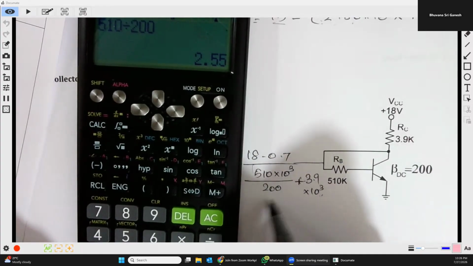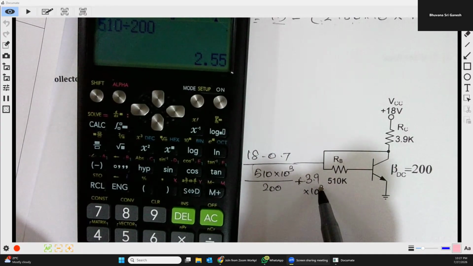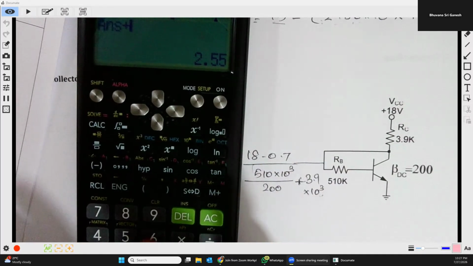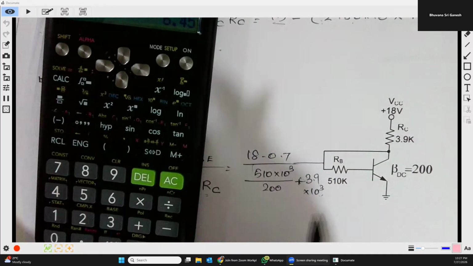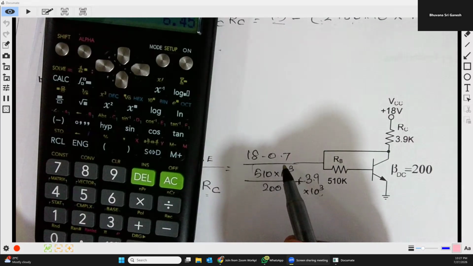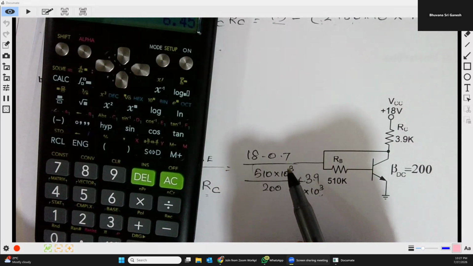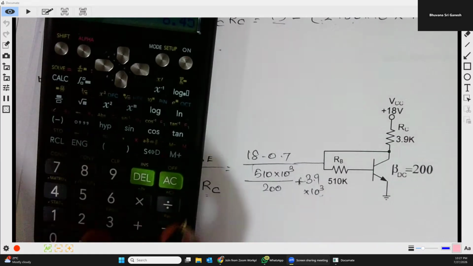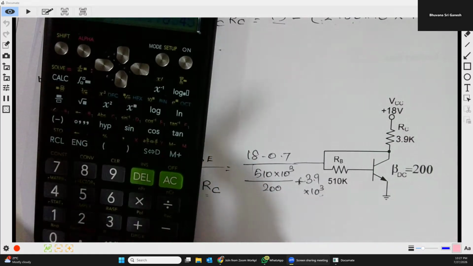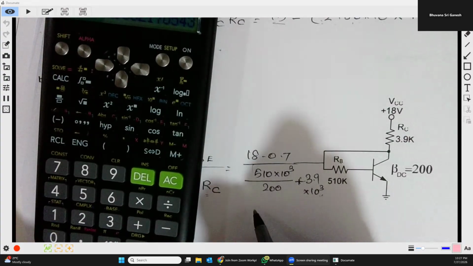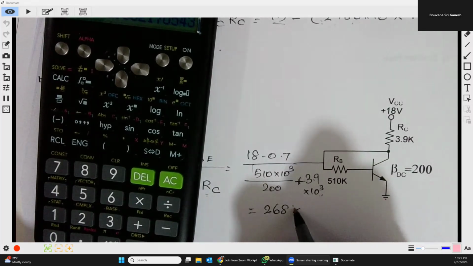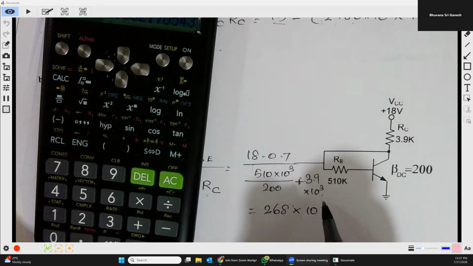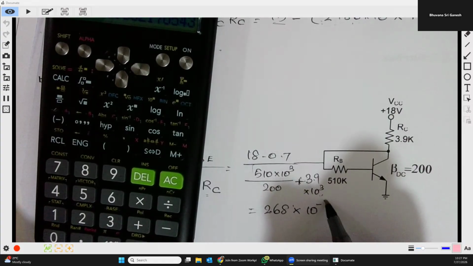Plus 3.9 equals 6.45, so the denominator is 6.45 times 10 power 3. 18 minus 0.7 is 17.3. 17.3 over the answer equals 2.68 times 10 to the power, this positive 3 goes to the numerator as negative 3 amperes.